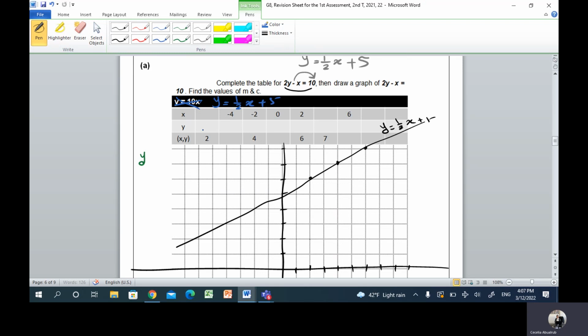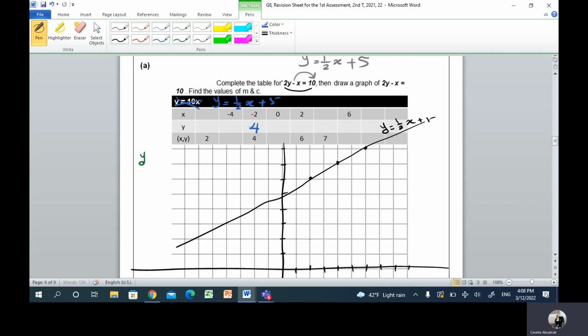So as you can see, let's have a look here. If x is equal to -2, so you're going to say half times -2, it will be -1 plus 5, so this one will be 4.